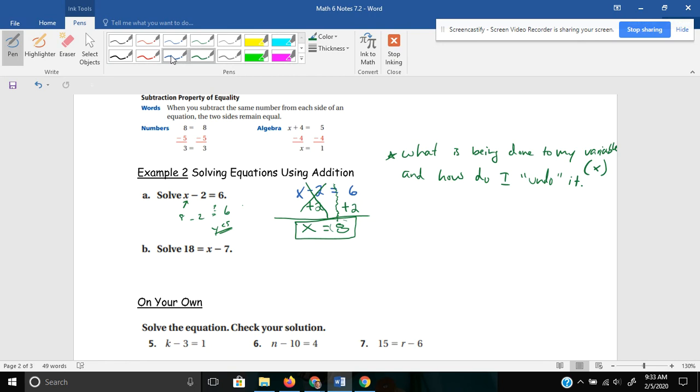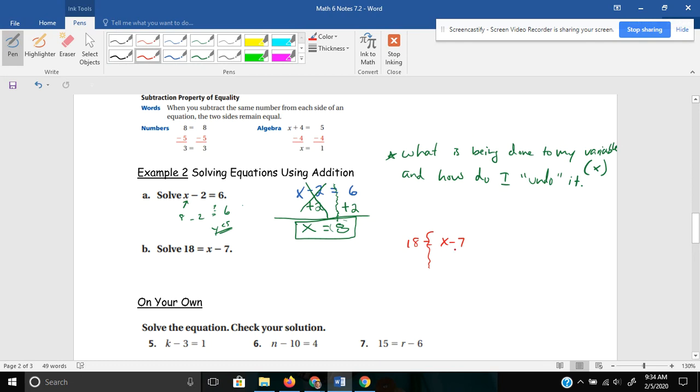All right, letter B looks different because your variable is now on the right-hand side. So we have 18 equals x minus 7. And it doesn't matter that it's on the right-hand side. That's fine. Nothing changes. I still have a left-hand side of my scale and a right-hand side of my scale. And I still ask myself the question, what is being done to my variable? Here's my variable, x. And how do I undo it?